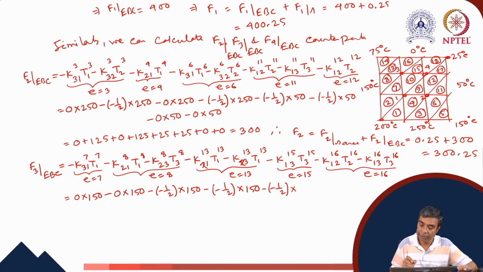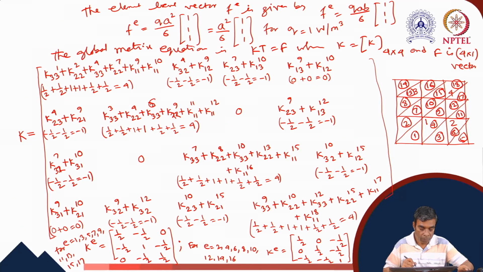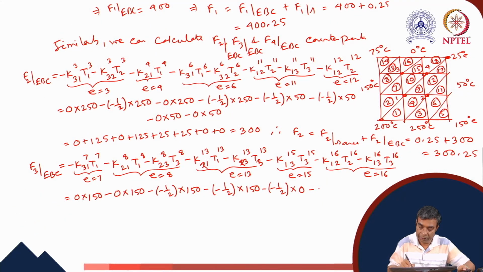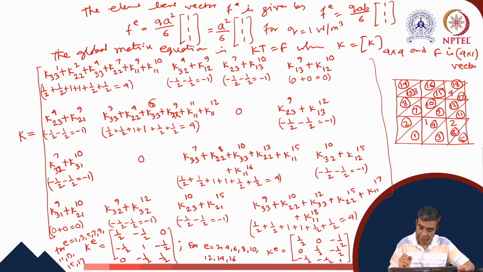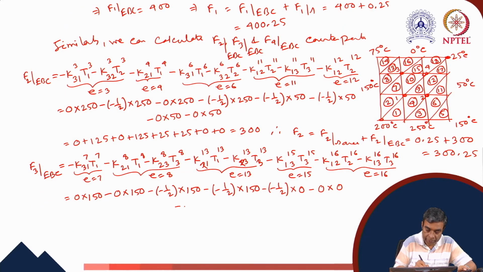T313, this is 0. Then we have K1315, T315. K13 is 0. So this is 0 into T315. T315 is itself 0. Then we have K1216, T216. K1216, this is also 0. So minus 0 into T216 is 0 minus K1316.